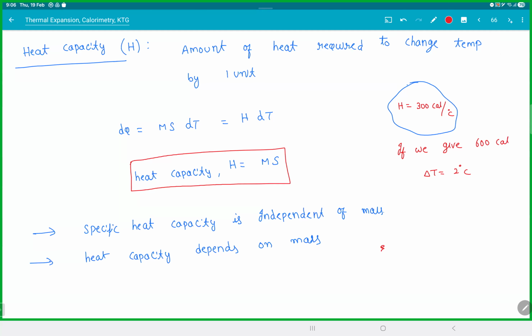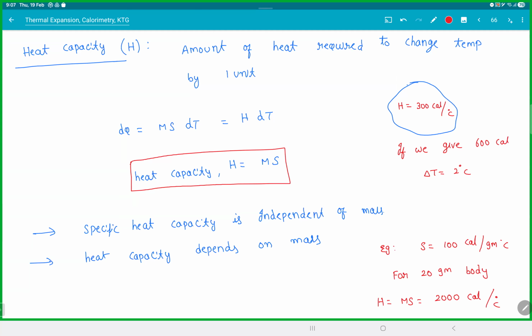If I have to give an example, let's say specific heat capacity is 100 calorie per gram per Celsius. If you have a 20-gram body, the heat capacity is m into s. That would be 2000 calorie per Celsius. Did you see the mass term is missing there?